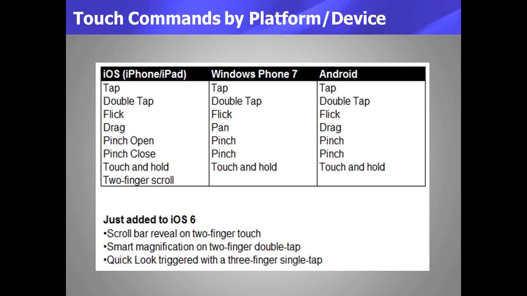For example, Windows Phone has some different names for touch than iOS or Android. Is that important? Well, it depends. You have to think about what it means for your user. Is the user thinking of the term as drag, or are they thinking of it as pan?